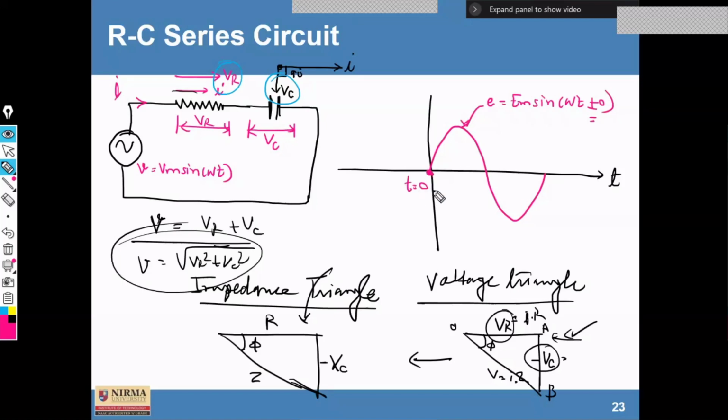Now, what about the current? Who will tell? I equal to Im sine omega t plus phi. So from where can we start, either left side or right side? This is 90 degree. From the left side.